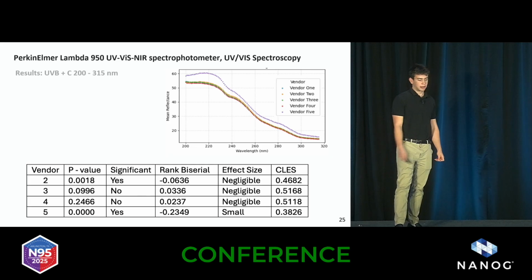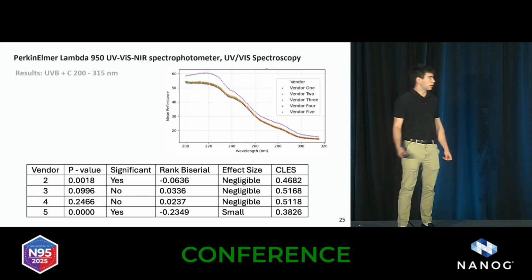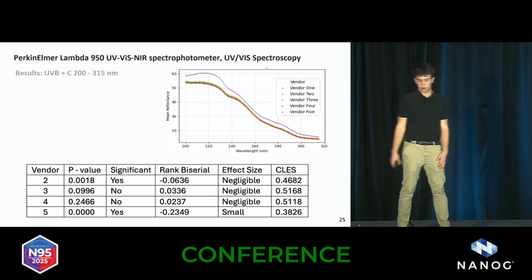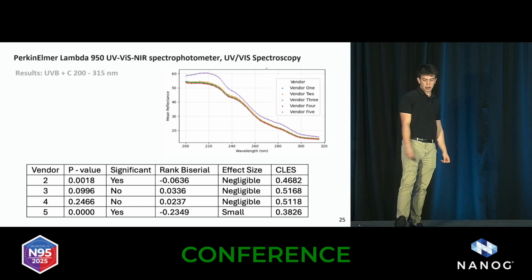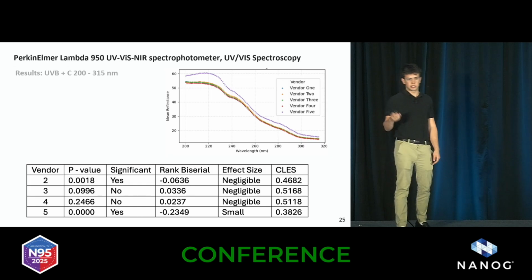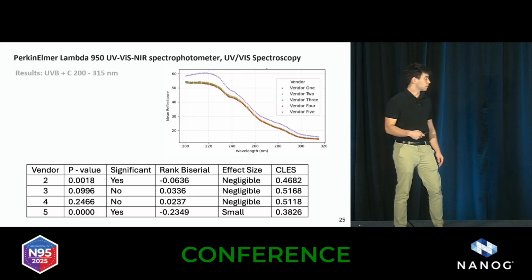We did see significant results on vendor 2 and vendor 5, which suggests that across this wavelength they were significantly different. And the vendor 5 rank biserial coefficient for the difference is higher than vendor 2, which suggests that vendor 5 is more justifiable via the analysis we did.